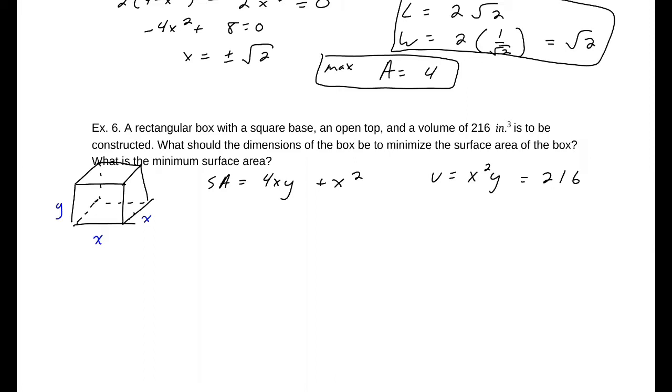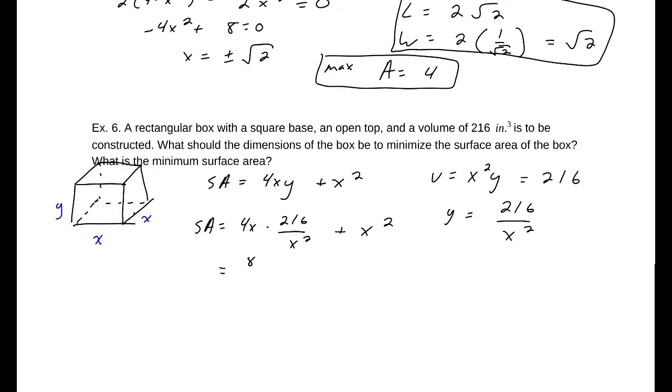We want to minimize the surface area, so we're going to use the volume function there to isolate a variable. So let's go ahead and say y equals 216 over x squared. So this makes our surface area equal to 4x times 216 over x squared plus x squared.